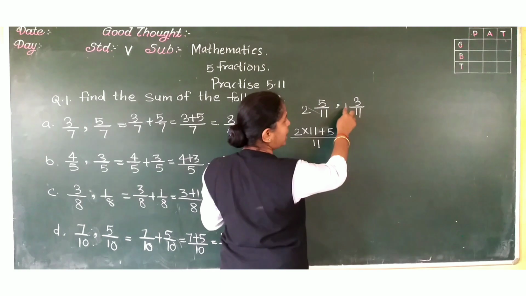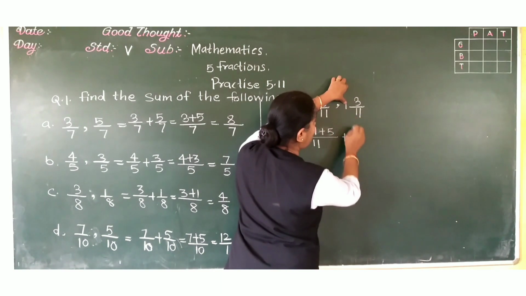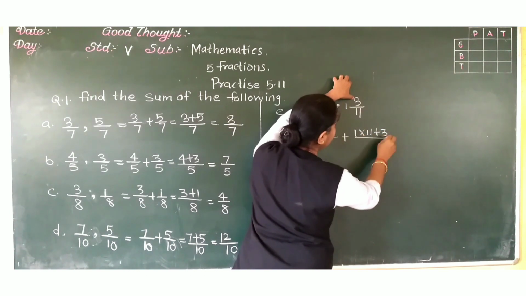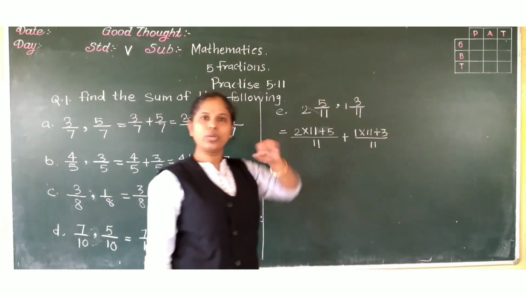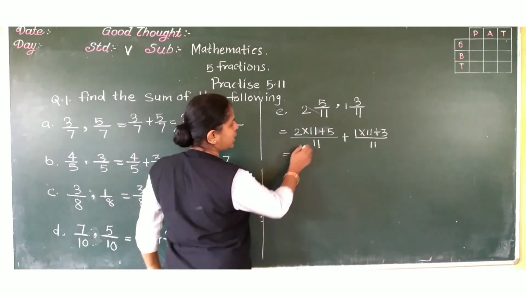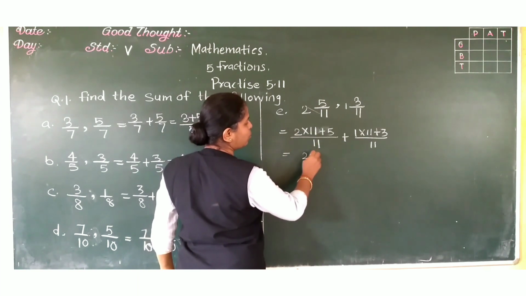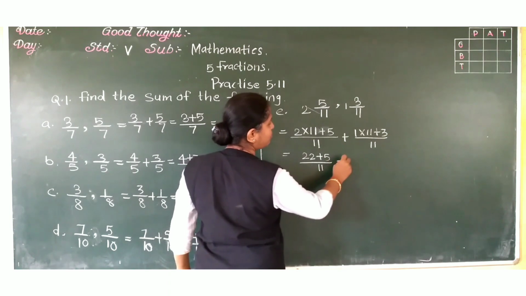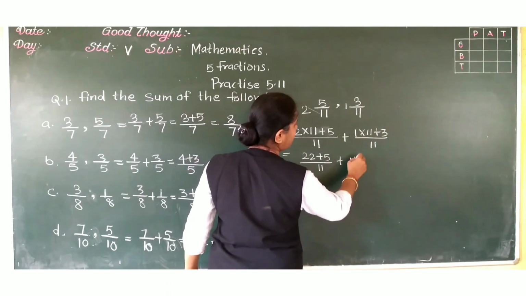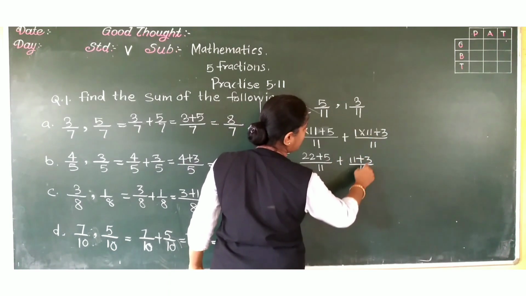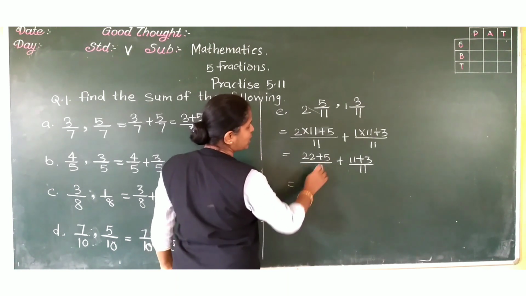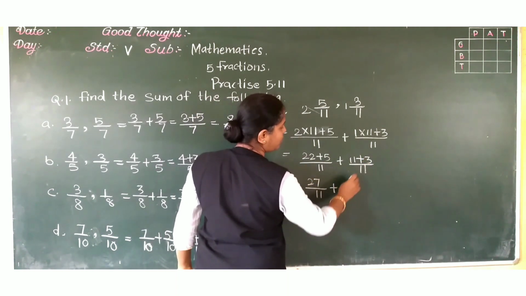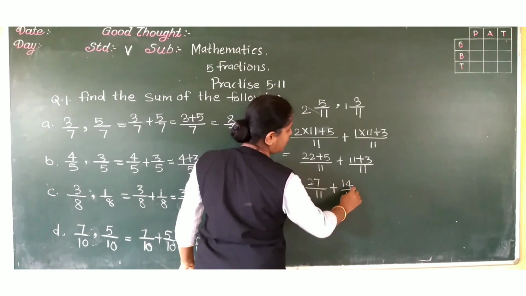Plus, here what we have to do? Same. 1 into 11 plus 3 upon 11. Okay? So, see here. 11 twos are 22 plus 5 upon 11 plus 11 ones are 11 plus 3 upon 11. 22 plus 5, 27 upon 11 plus 11 plus 3, 14 upon 11.